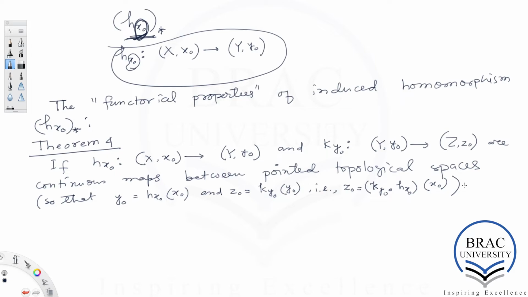If this is the setup, then the induced homomorphism of this composite map, k sub y0 composed with h sub x0, star, is given by the composition of the respective induced homomorphisms, like k sub y0 star composed with h sub x0 star.